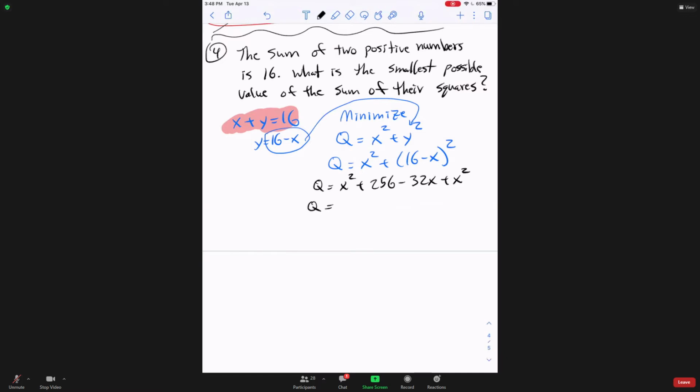Combine like terms, q equals 2x squared minus 32x plus 256. All right, don't forget to take the derivative, because some people just said it equals 0. I'm like, you got to take the derivative. What the heck have we been doing the last 7 weeks?